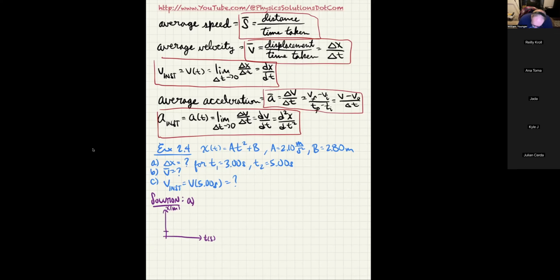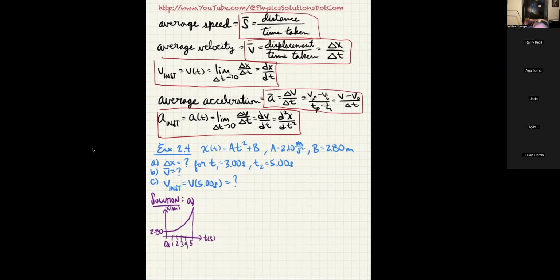It hits at 2.80 meters, and then it's just a parabola going up. So because the time interval that we're looking at, this is 0 seconds and this is, let's say, 5 seconds, and this might be 1, 2, 3, 4, 5.